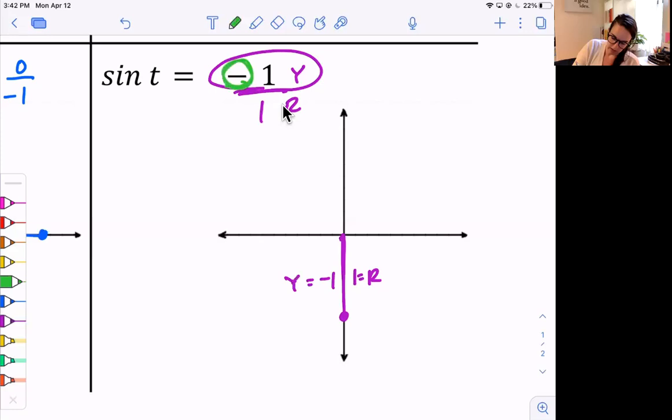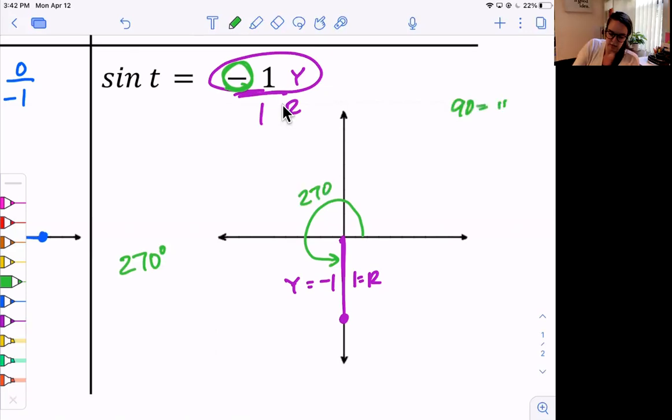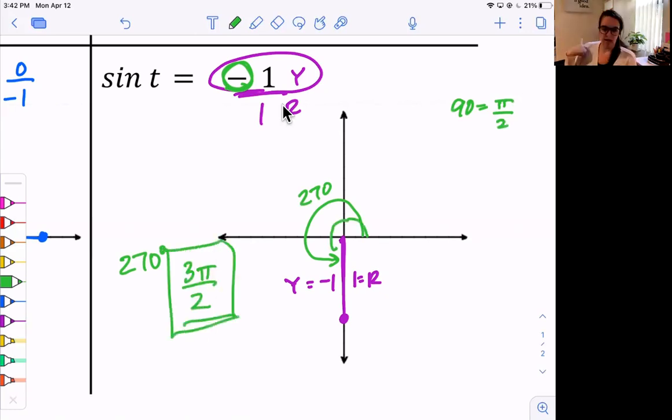So we're going all the way from the initial ray to the terminal ray, and that is 270 degrees, right? 270. There are a number of ways you could do this. 90 is pi over 2, so this would be 3 of those. 90, 90, 90 would be 3 pi over 2 radians. Right. That is my answer there.